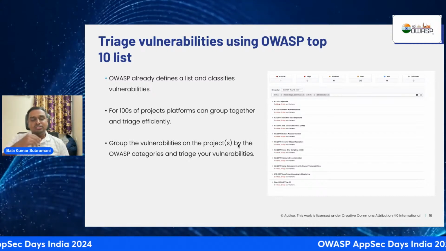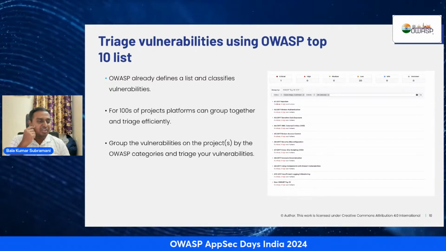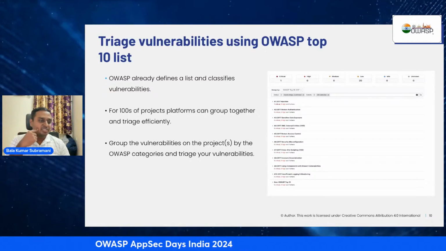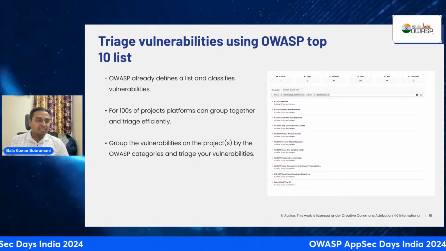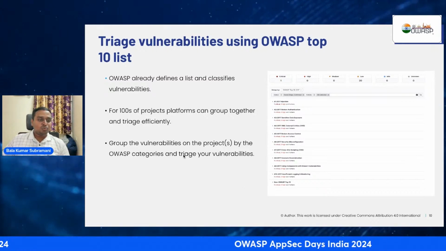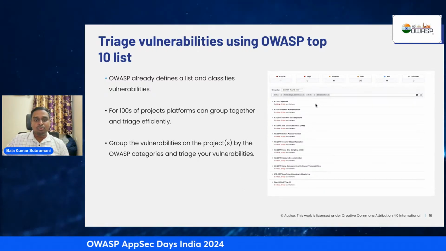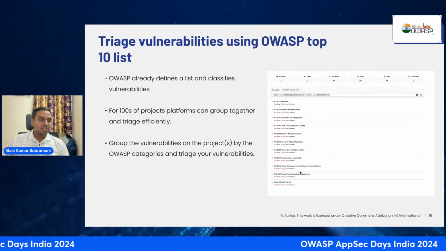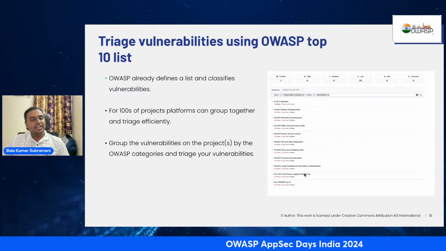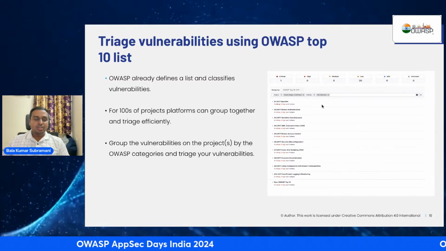As I said, most of these scanners identify vulnerability metadata with the OWASP list A1 to A10, and we can leverage that and group the vulnerabilities using the existing OWASP categories to give a good overview of the vulnerabilities and where they belong. This way we get an idea of the top priority vulnerabilities that we have to fix and what could be the least.